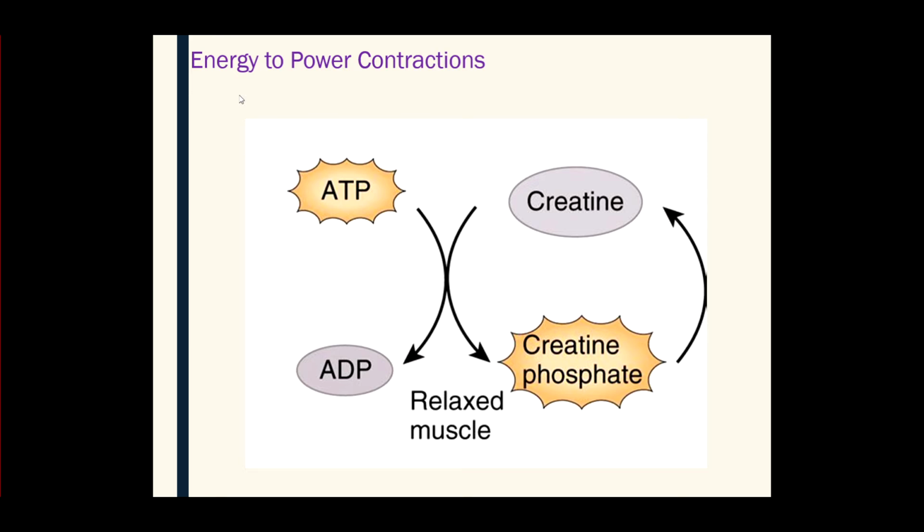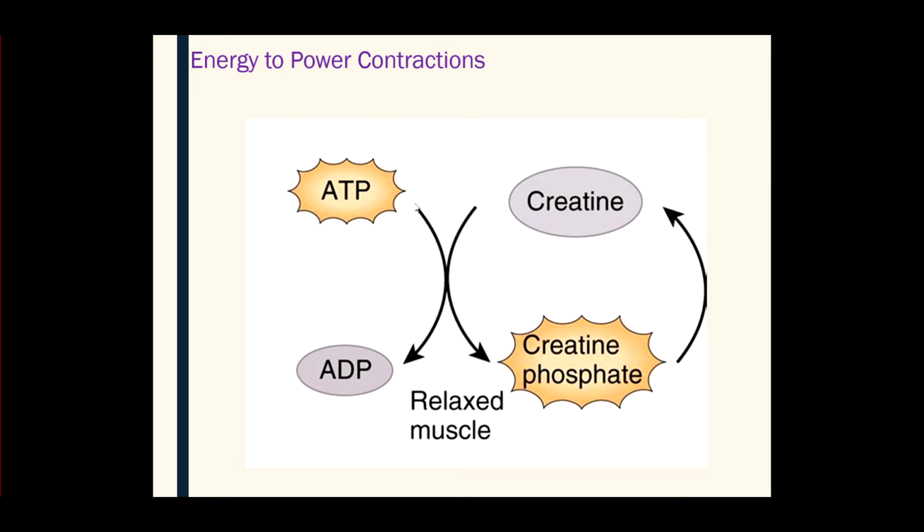Watch this. Let's just say we have at rest, relaxed muscle, more ATP than we need. So what happens is this. The high energy bond, we're going to take this phosphate and we're going to transfer it to creatine. Remember I said this is naturally inside of our muscle. So this is the first time you're probably seeing something like this. This is where you actually see biochemical reactions kind of clashing.